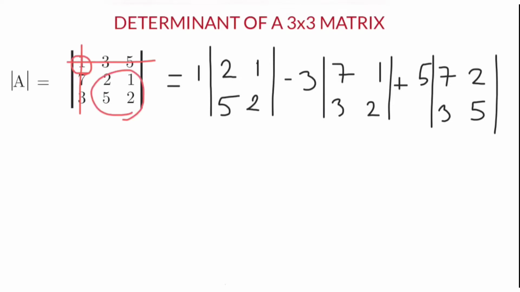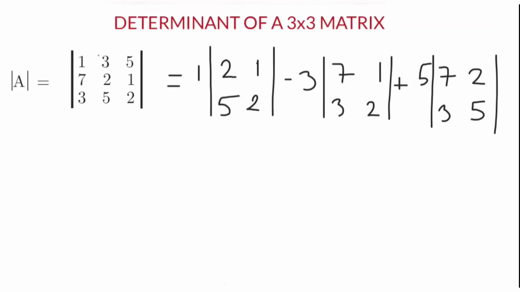So this determinant, you can see the determinant of order 2 here. This determinant is composed of these elements 2 1 5 and 2. After that, since we are operating on this first row, the next element is 3.